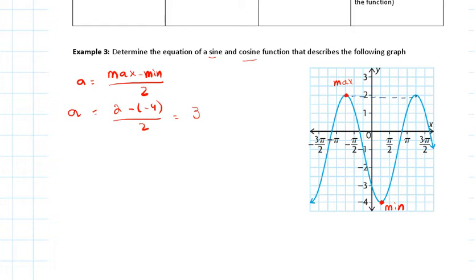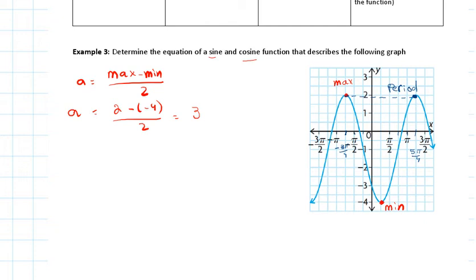It's starting at, this is pi over 4, 2 pi over 4, 3 pi over 4, so starting at -3 pi over 4, and it's going all the way to, this is 3 pi over 4, 4 pi over 4, 5 pi over 4. So this here is 5 pi over 4, and this here is negative 3 pi over 4. So the period is from negative 3 pi over 4 to 5 pi over 4.